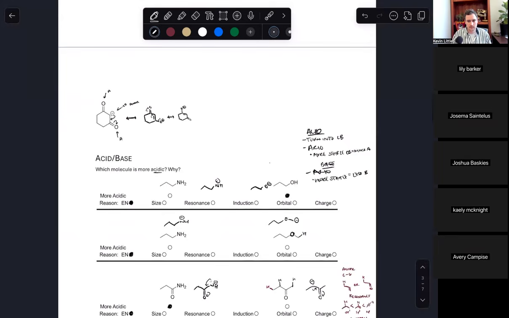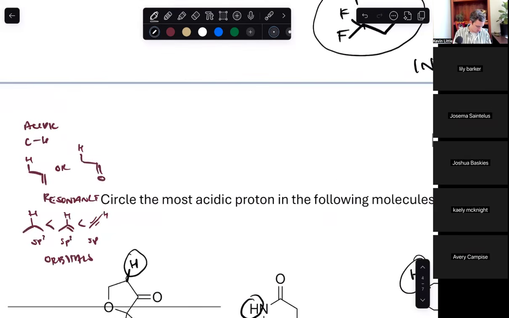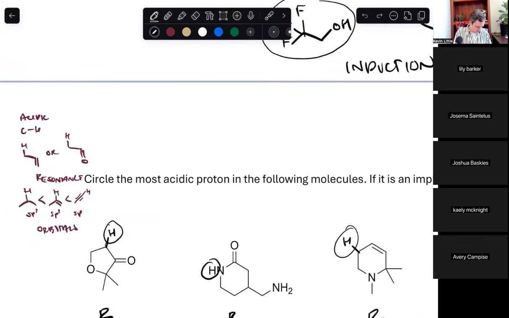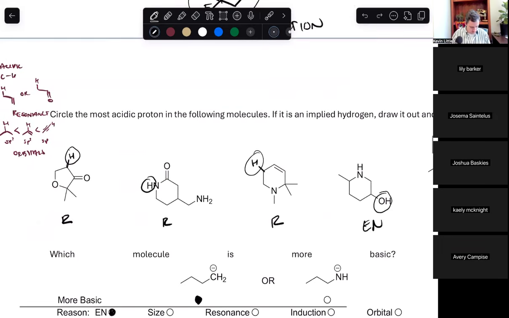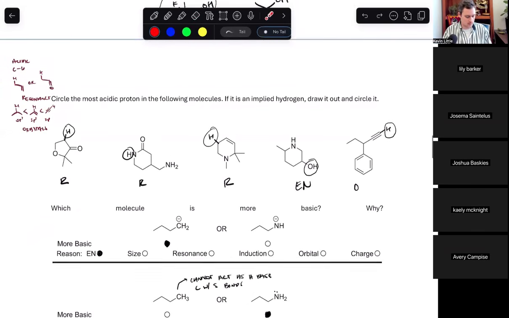So that's that. This is a big one: being able to recognize which carbons are more acidic based off of nearby resonance or hybridization. It's a good one to keep in mind.